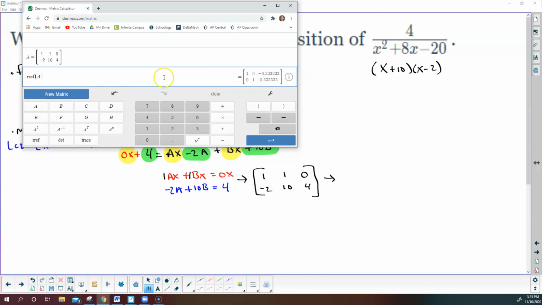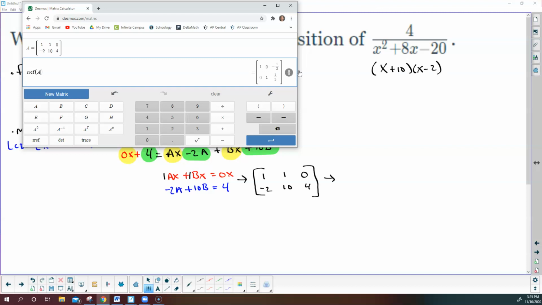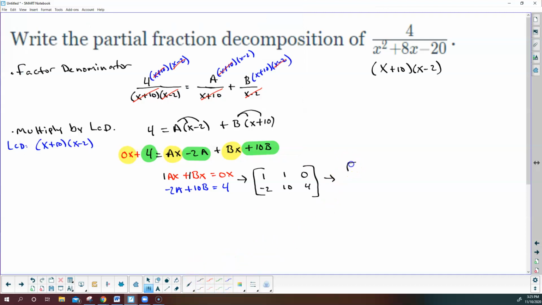And ooh, interesting result here. If you look at this, we get 1, 0, negative 0.3 repeating, 1, 0, 0, 1.3 repeating. Or remember, those are fractions. If you hit this little button, you can see the fractions, and you really want them to be in fraction form. So decimals aren't really that friendly. So we're going to use the reduced row echelon form.